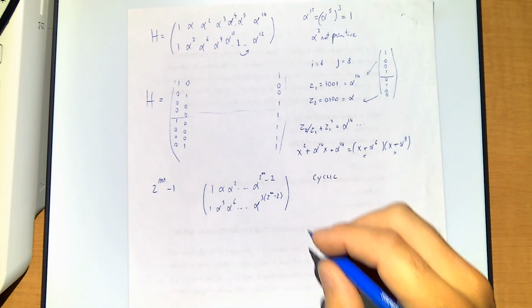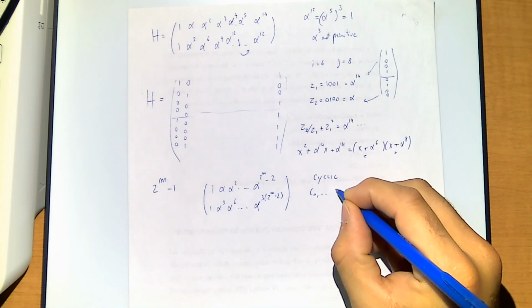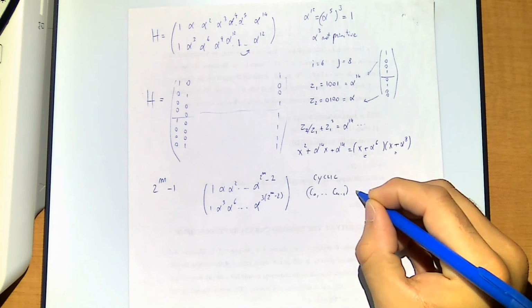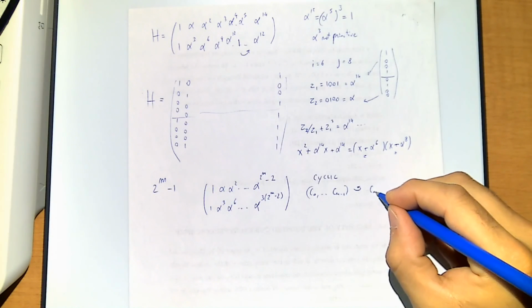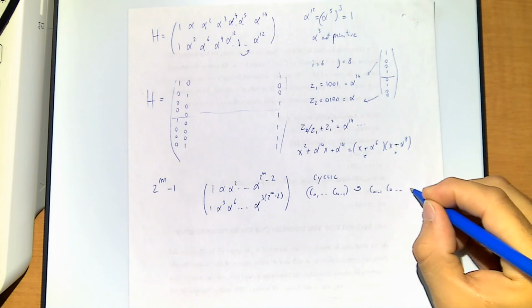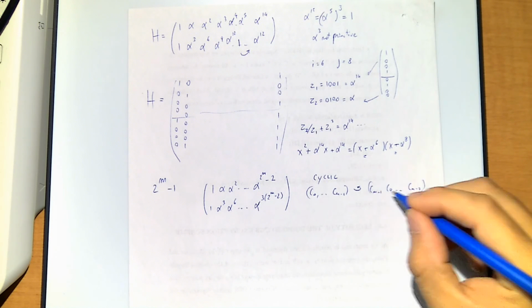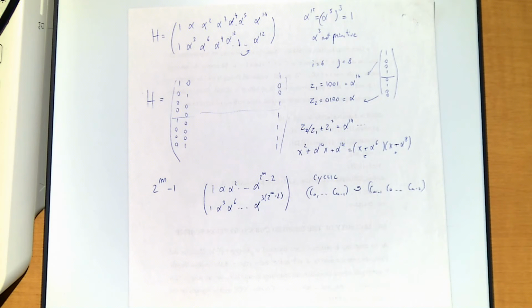So basically, whenever we have a code word c0 to c(n-1), we also have the shift, and it's also a code word. So that means that c(n-1), c0, all the way to c(n-2) is also a code word. Okay.